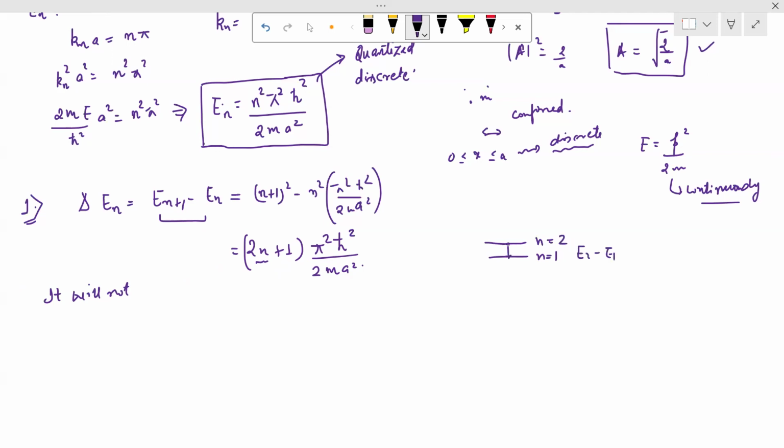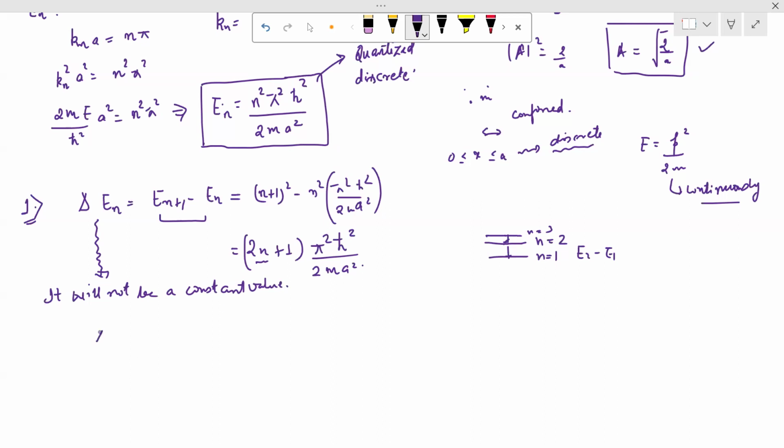This energy difference would be different from the energy difference between n equals 3 and n equals 2. So the difference between adjacent energies will not be a constant value. This is the first observation that you can have.